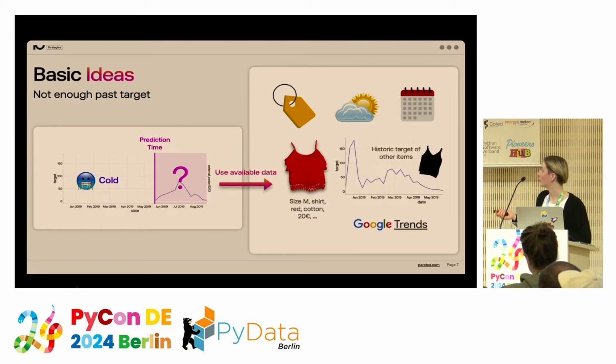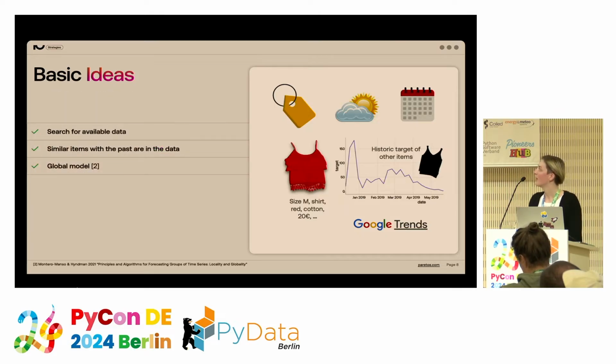And of course, arguably the most important piece of information in our data set is the historic target of other items. If we don't know anything about sales of this shirt because it's not launched yet, we look at our data set and we see how many times and which seasonality periods similar shirts had in the past. So we have this to learn from.